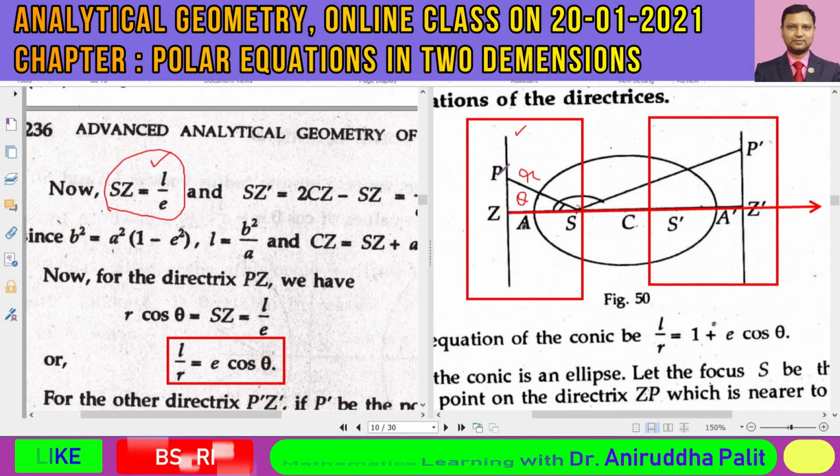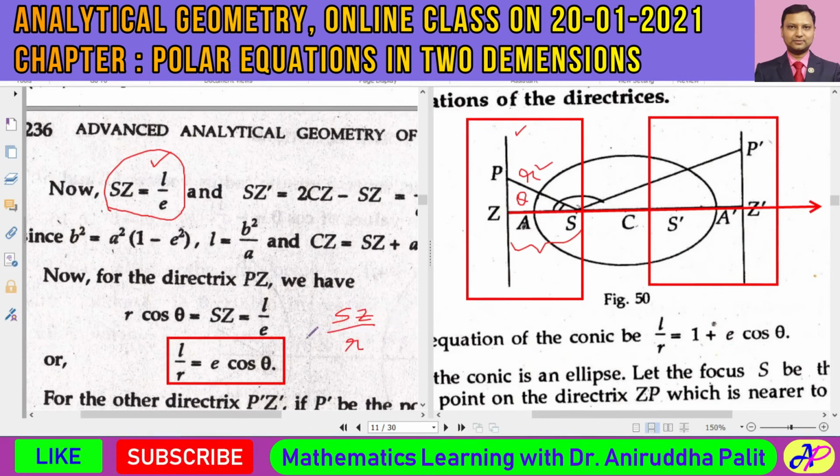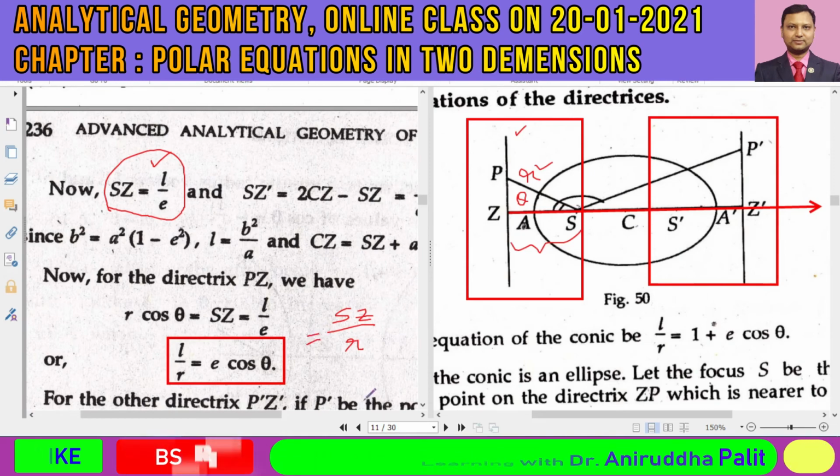So if you consider this triangle PSZ, P then S and then Z, then cos of theta should be equal to this much length SZ divided by the hypotenuse R. Again, I am saying that cos of theta would be equal to SZ divided by this R.